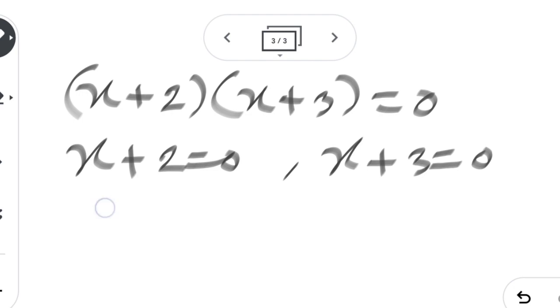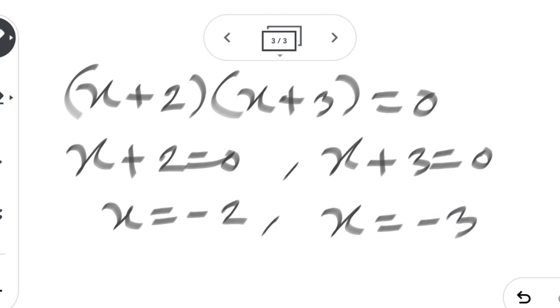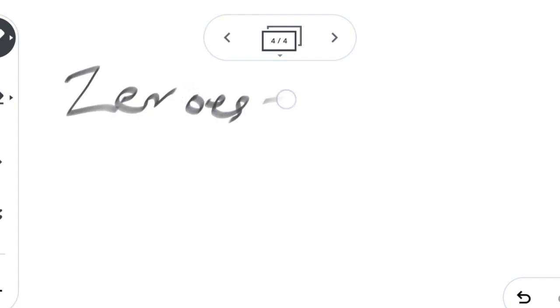X plus 2 equal to 0 implies x equal to minus 2, and here x equal to minus 3. So the zeros of this polynomial are minus 2 and minus 3.